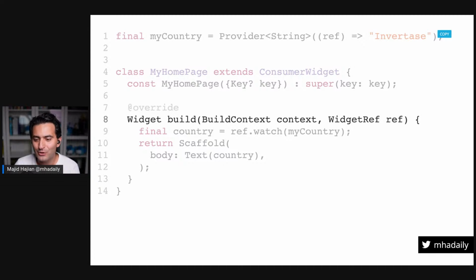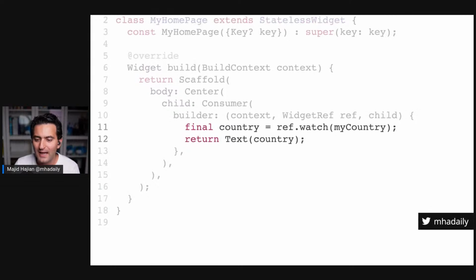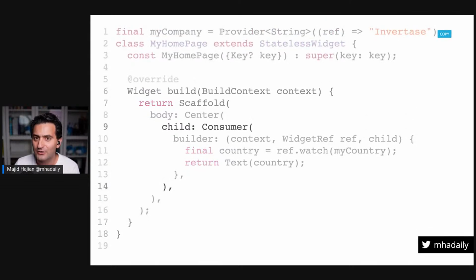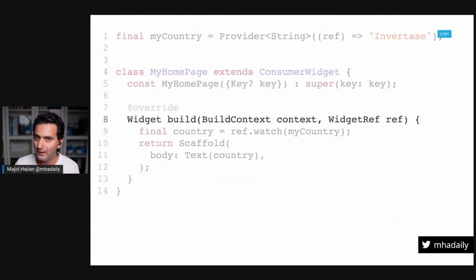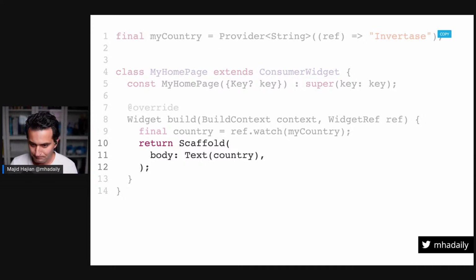That's where you can simplify your code a bit, and you can just watch your provider and do whatever you've done. If we quickly take a look at the previous example, we had this BuildContext, Consumer, and then builder. We can now simplify that with a ConsumerWidget and a build, as simple as you've done, with a ref, listen to your provider. In this case, watch the changes, and then do whatever you want, like show the text.